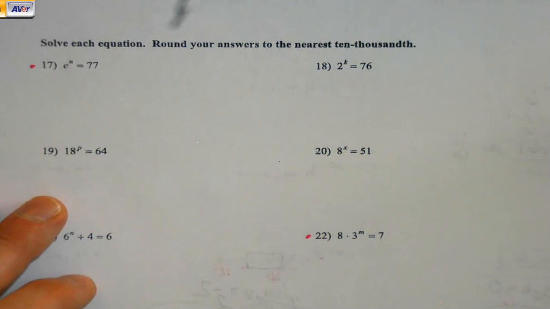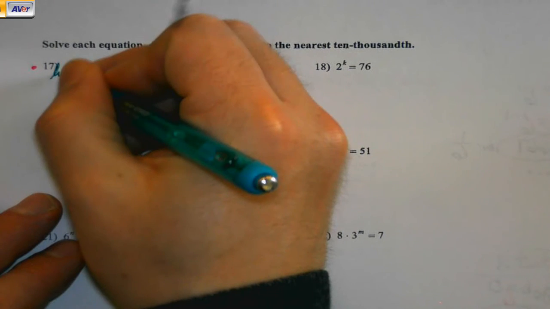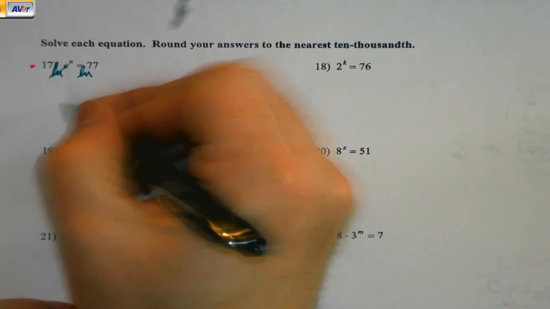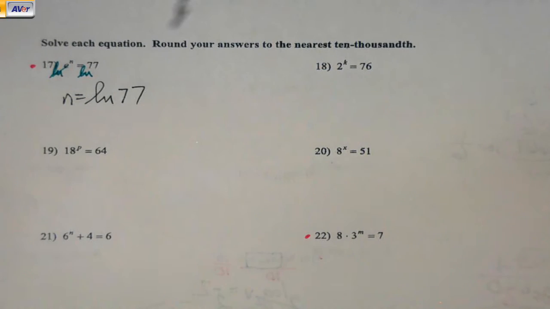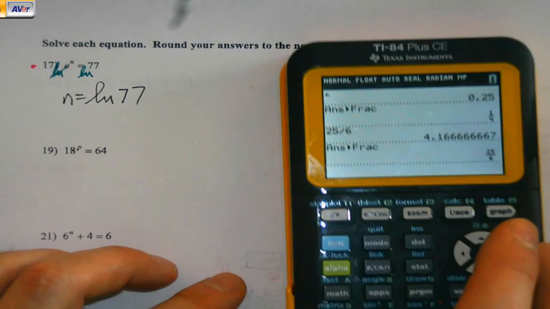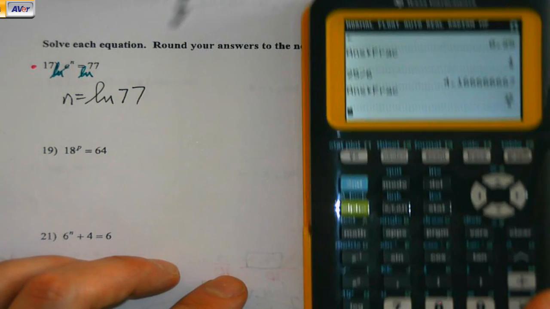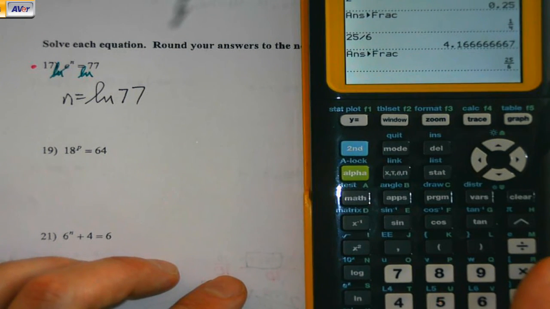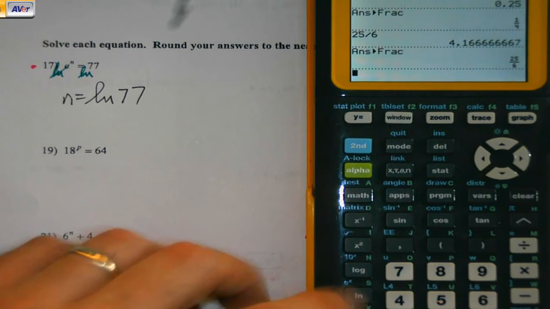What's the inverse of e? ln, natural log. So I take the natural log of each side. n is going to be the natural log of 77. I don't leave it that way. And again, when we're looking for natural log, let's see if I can squeeze this way up here. There it is. Okay, down here next to the 4, so I got the natural log of 77.